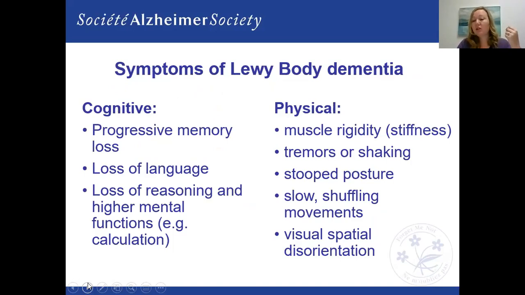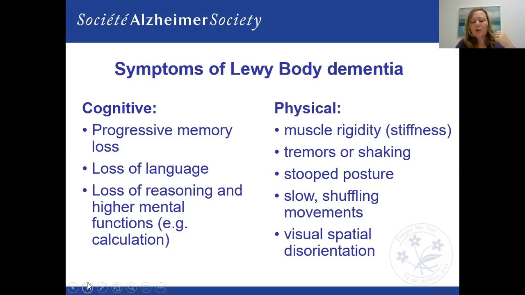They may have depression and anxiety. They might have trouble with visual spatial disorientation, and they may experience fluctuations in their level of alertness. Visual hallucinations are another common symptom, and they might become worse during times of increased confusion.